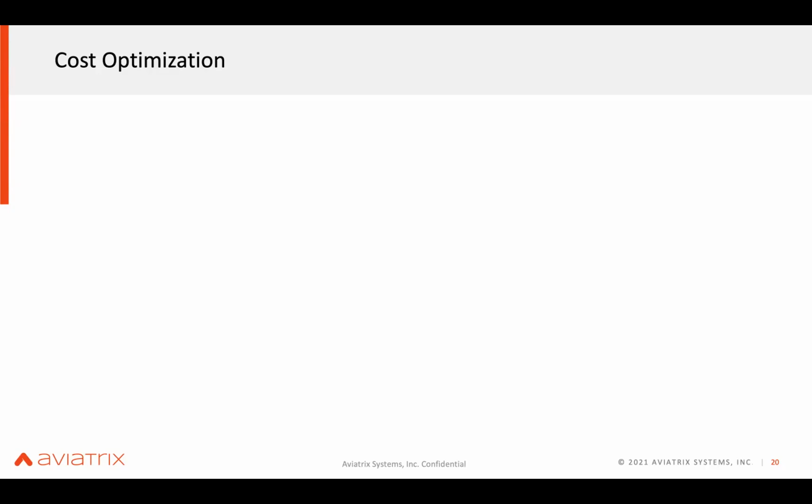So to be able to clearly articulate what Aviatrix provides, the value, and why it is important and better than native from a cost perspective is a very key thing that you will have to do day in, day out.